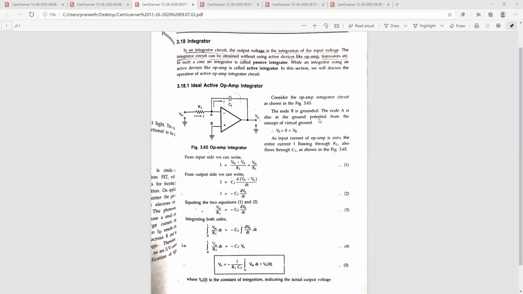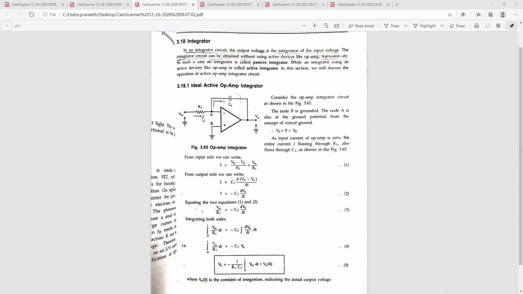That was the first step. Coming to the next step, we already know that the input current of the op amp is 0, so whatever current flows through the entire circuit is considered equal. Let I be the entire current passing through the circuit.